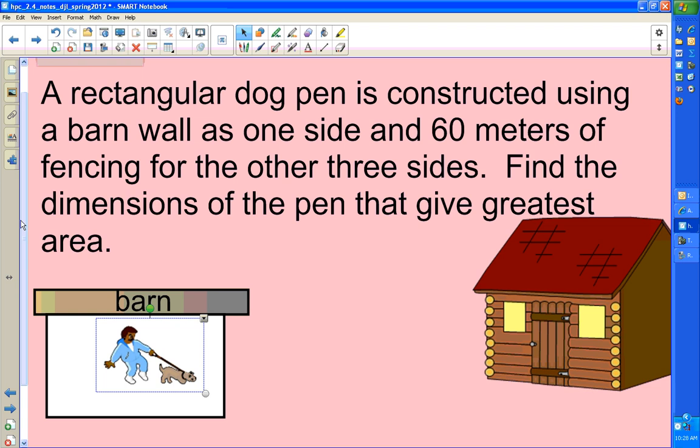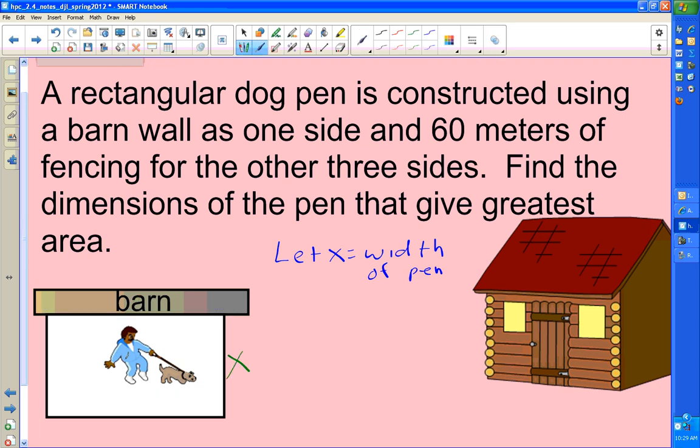Okay? Let x equal the width. So as soon as I make that kind of a let statement, I'm going to put that in my picture. The picture for me is indispensable because I'm a visual kind of guy. I want to see it, and that helps me get through the problems, especially with the sketch.